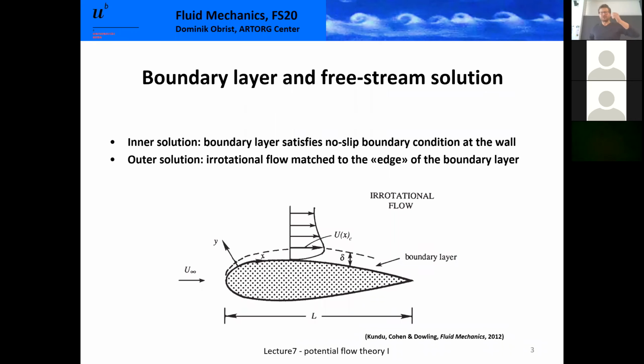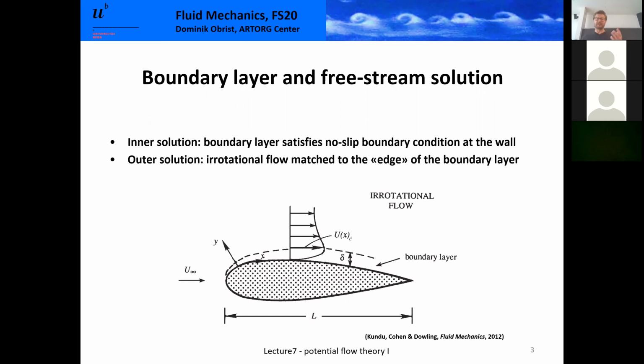That means I need to go back to what we talked about last week just for 1 minute. You remember, or hopefully remember, that last week we talked about boundary layer theory. Boundary layers are close to, obviously, boundaries, as the name says, so close to walls, or as we see here in this schematic drawing, close to the surface of an airfoil.